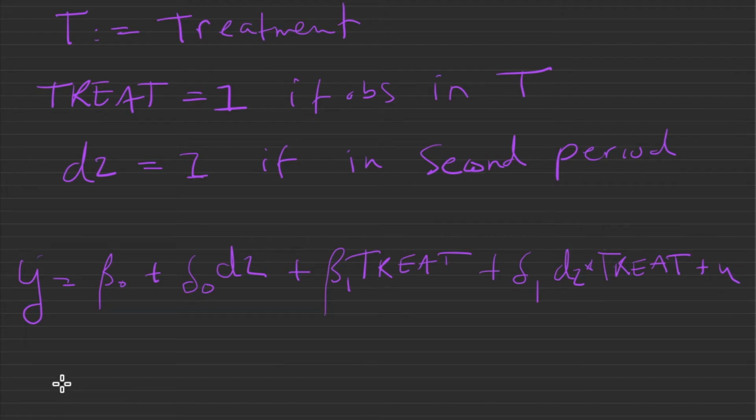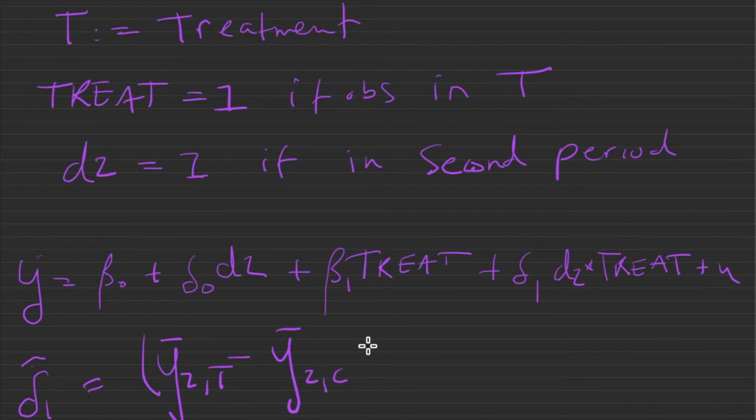And the difference in difference estimator is delta 1 hat, and delta 1 hat represents y2 t bar, the average of the outcome variable in the second period for the treated group, minus y2 c bar, the average of the outcome variable in the second period for the control group, minus y1 t bar minus y1 c bar.